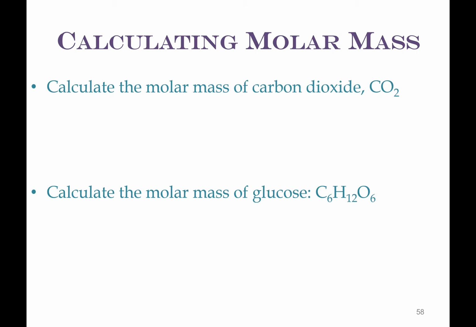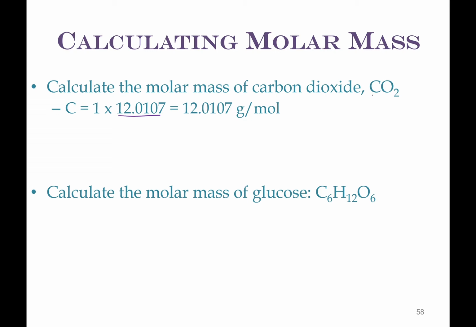We want to calculate the molar mass of carbon dioxide. To do that, we need to look at how many of each of these elements are here. We have 1 carbon and 2 oxygens. So you need to look on your periodic table and say, what is the molar mass of carbon? And you should get 12.01. So we have 1, and I used the non-rounded periodic table, so don't worry if it's a little bit more numbers than yours. 1 times 12.0107 gives me 12.0107.